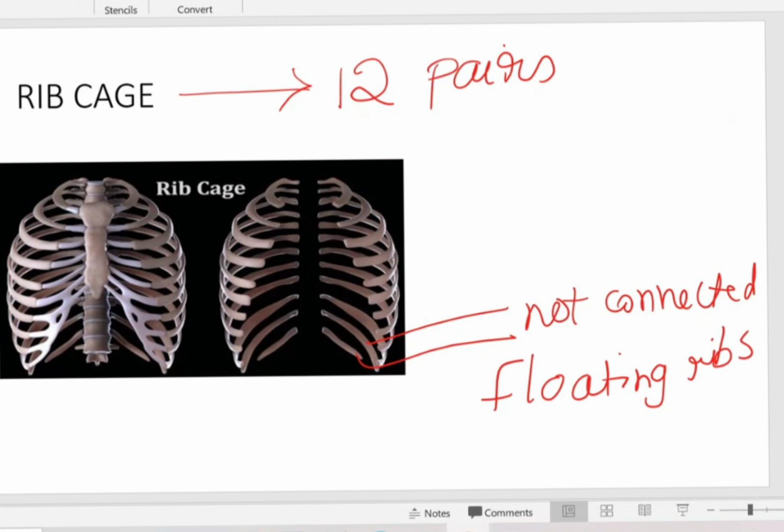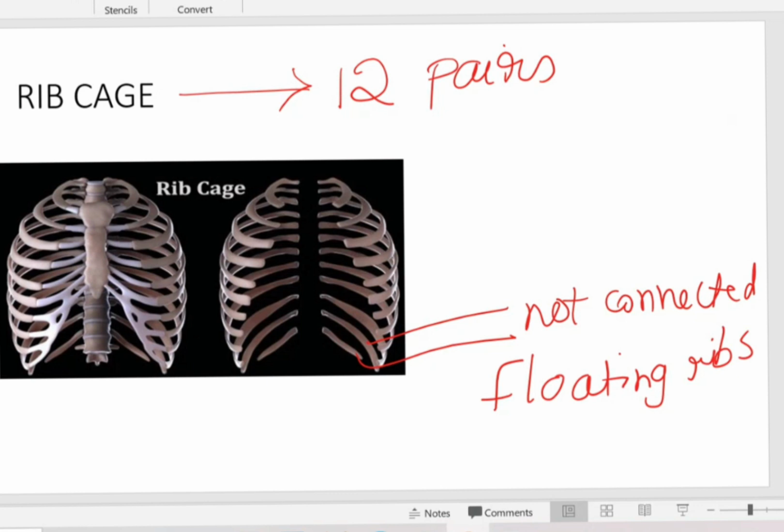They are connected. The front part is connected to the chest muscles, the back part to the backbone. The last two pairs are floating, so they are called floating ribs. They are connected to the backbone, but not connected to the front part, that is, to the sternum.